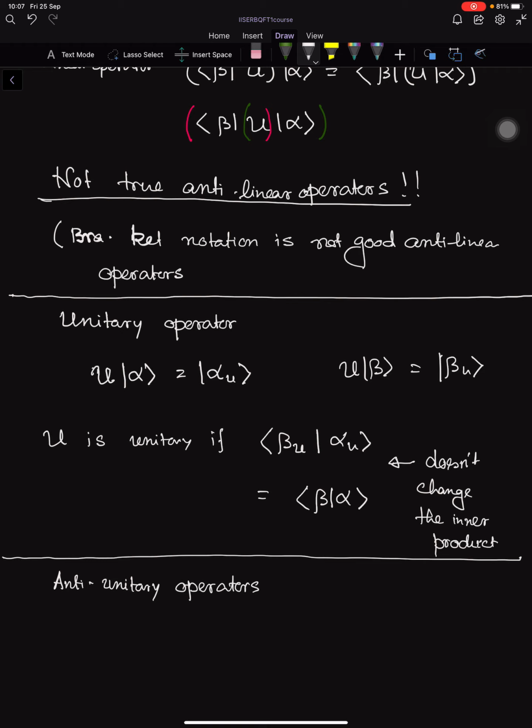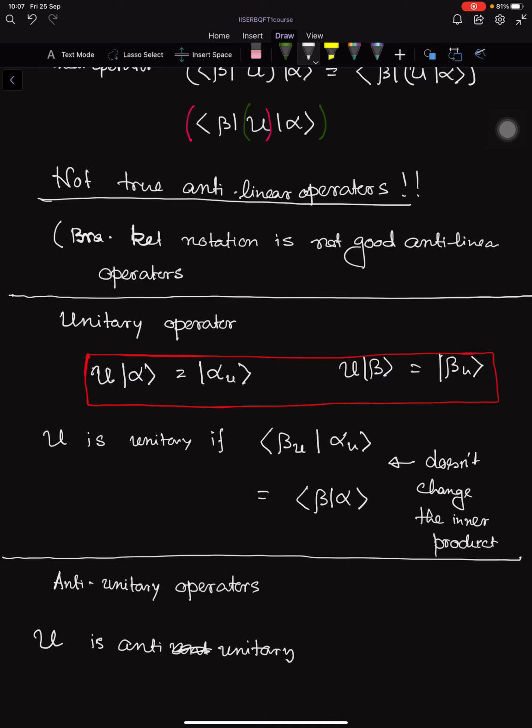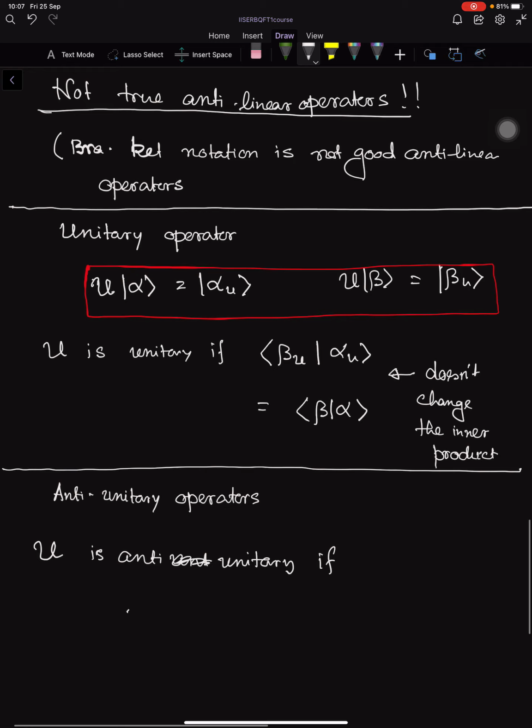So let's use the same definition. Let's say I denote alpha u and beta u. Then u is anti-unitary if beta u alpha u is beta alpha star, which is the same as alpha beta.